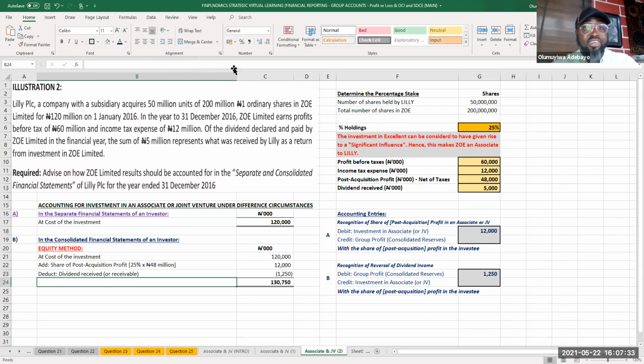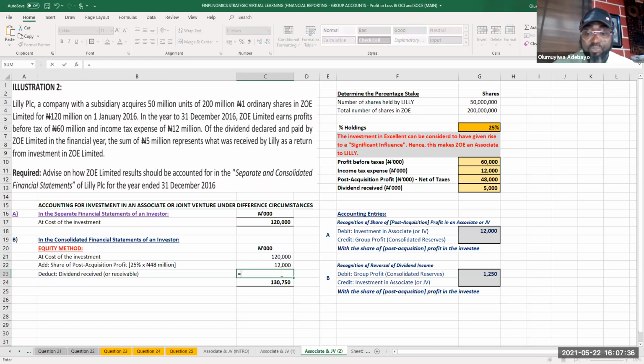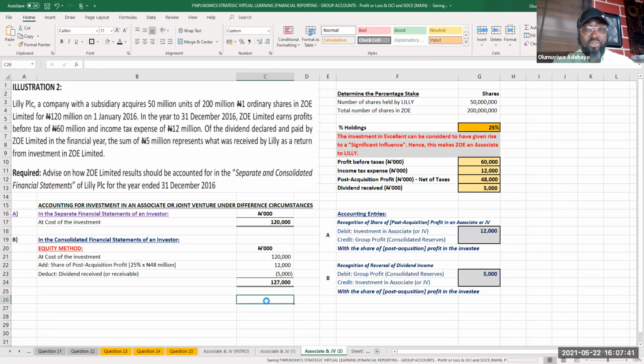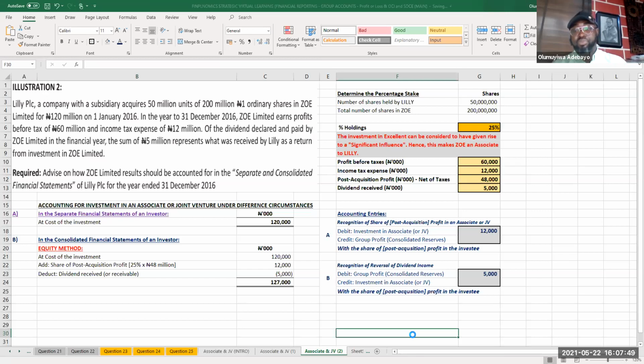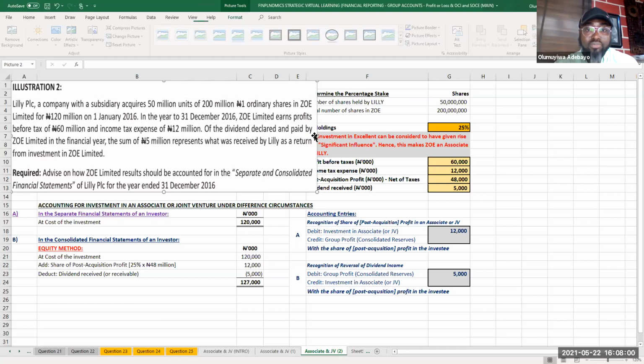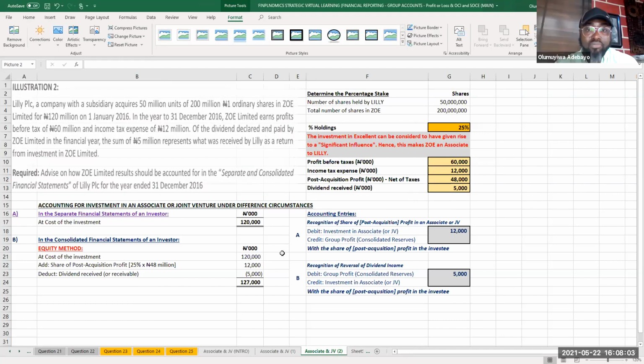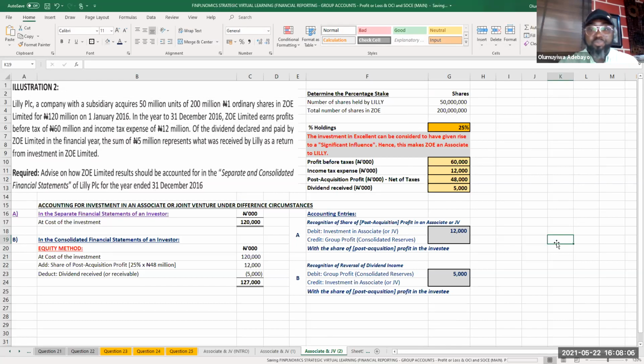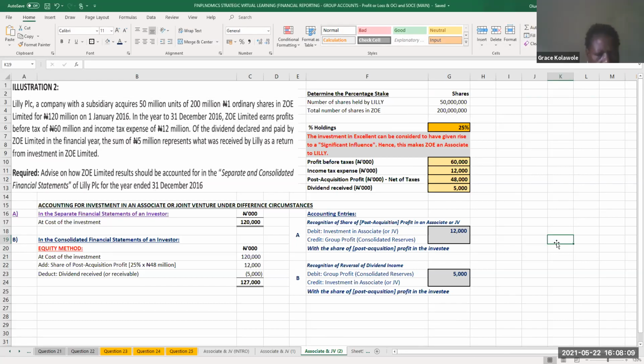You are going to recognize your 5 million directly as a deduction. And that gives us what we do with respect to our accounting entry. Any question? And add share of post-acquisition profit.